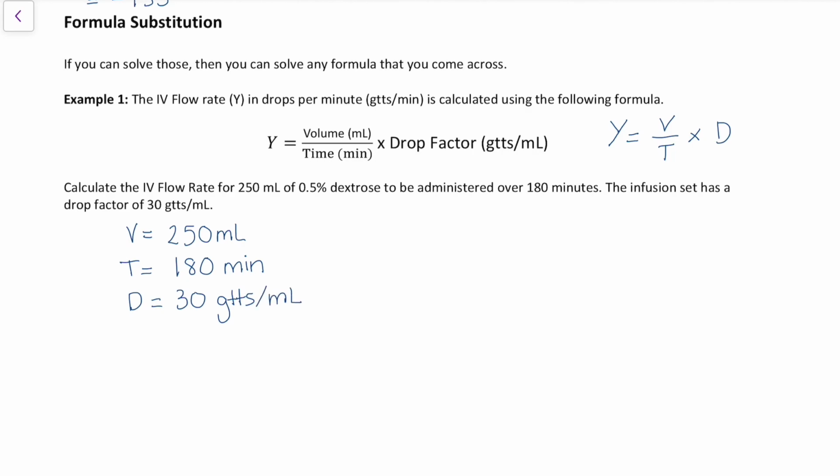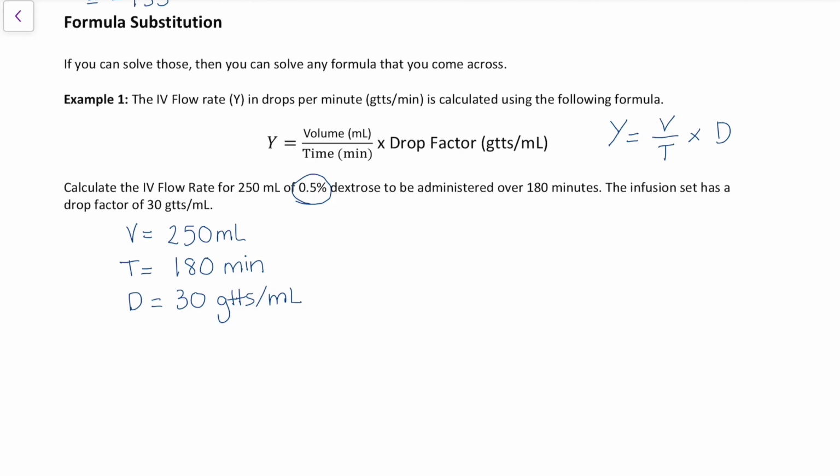Okay? And by knowing what we want to substitute in, we can know that we need to ignore this number here. The medication in this formula doesn't matter. It doesn't matter what medication it is or what strength it is. In order to calculate the flow rate, all we care about is the volume, the time, and the drop factor.